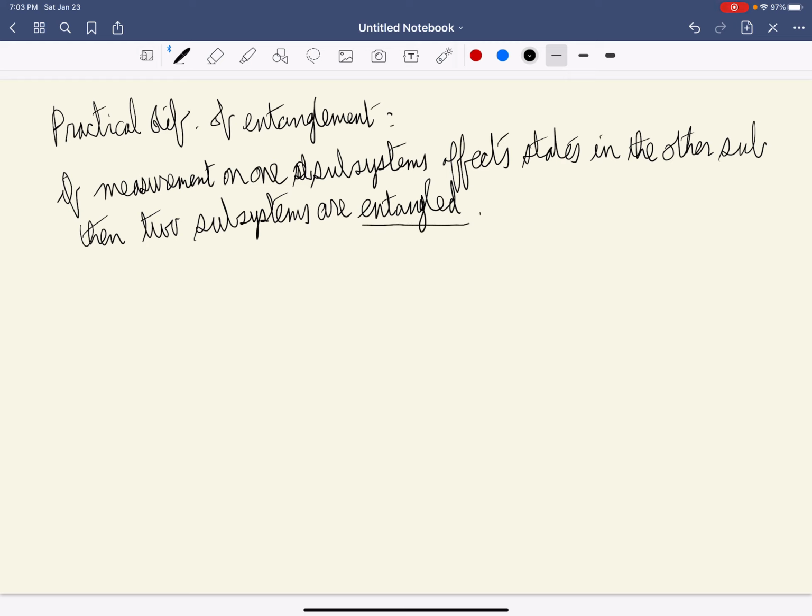Okay. Well, how does this relate to the observation we had made earlier? Well, we showed through a mathematical process that any state can be decomposed in this fashion.